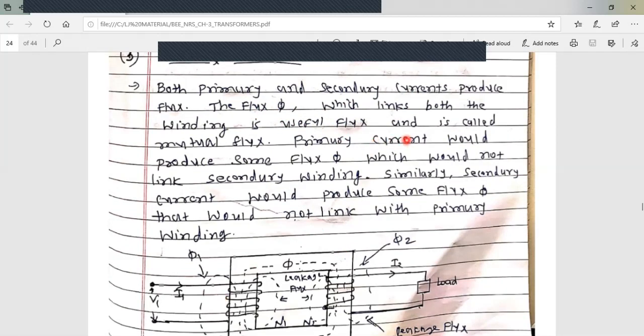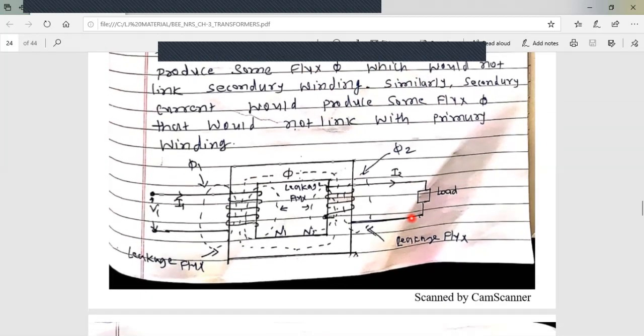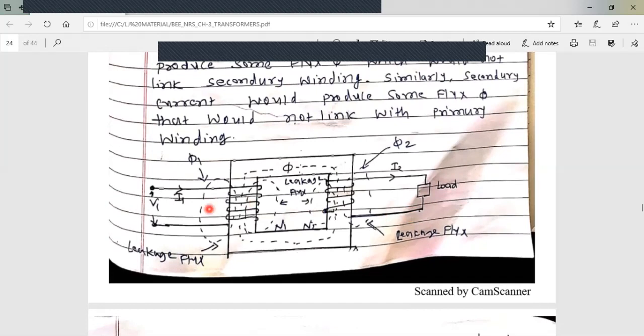See here, the primary current produces flux phi which would not link the secondary winding. Similarly, the secondary current produces flux phi that is also not linked with the primary winding. Here it is in the figure. See here, all that flux is not linked with the secondary winding.